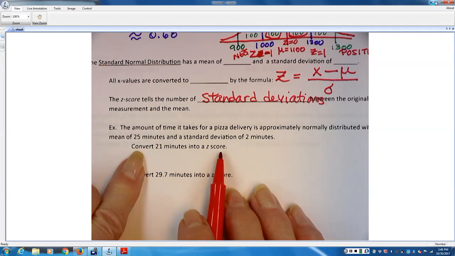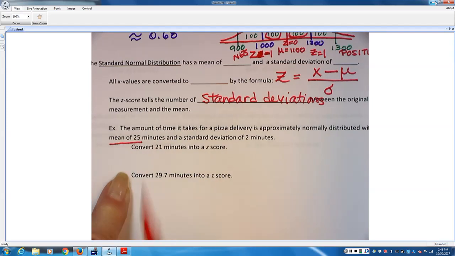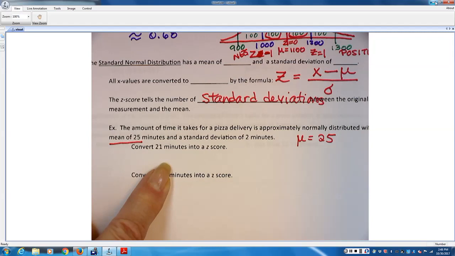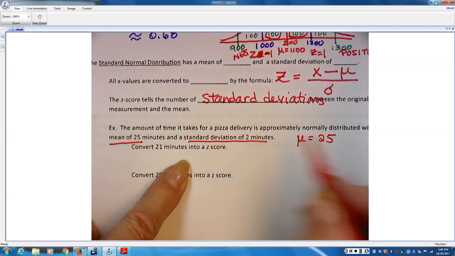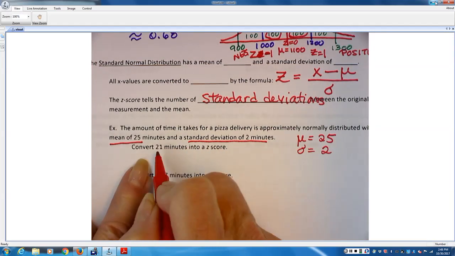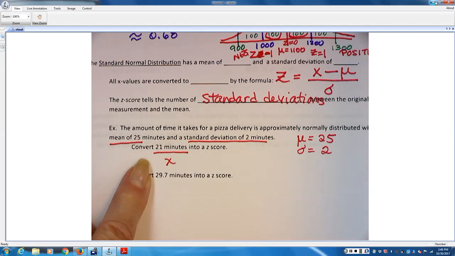Convert 21 minutes to a z-score. It says that the mean for the pizza delivery time is 25 minutes, and the standard deviation for the delivery time is 2 minutes. And it wants you to convert 21 minutes, which is an x value, to the z-score.